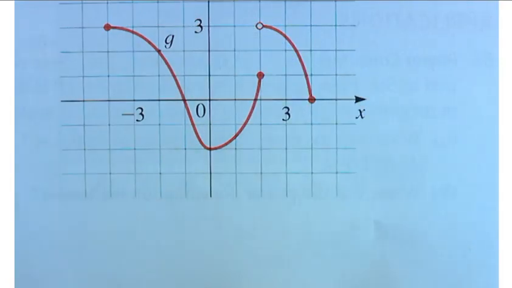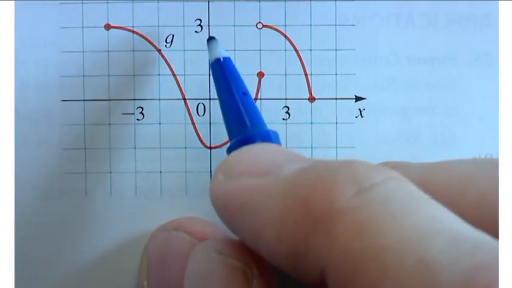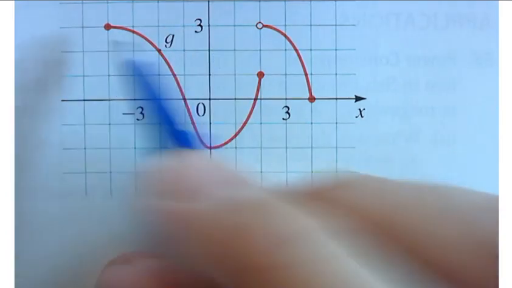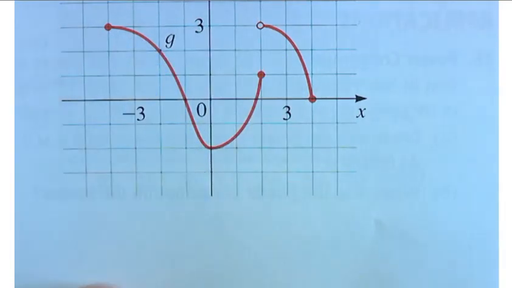Would those be brackets or parentheses? It'd be brackets on both of them. It certainly looks to me that this gets down to negative 2, and it certainly gets up to positive 3 over here. It doesn't here, but it's okay. It gets over there. So the range is negative 2 to 3.